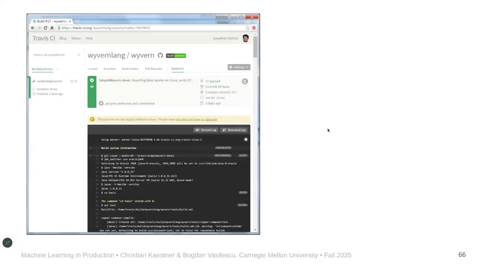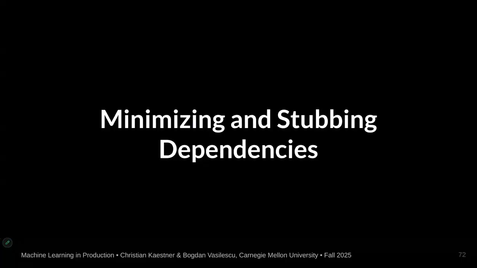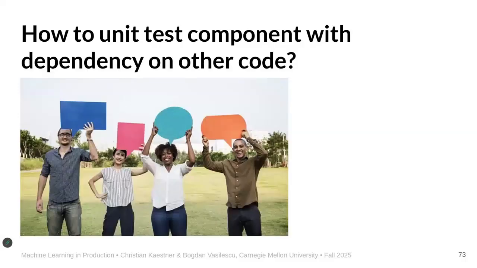Just briefly, in the last couple of minutes that I have, I want to show you two ideas in this space. One is testing code with dependencies. This is a standard software engineering idea.